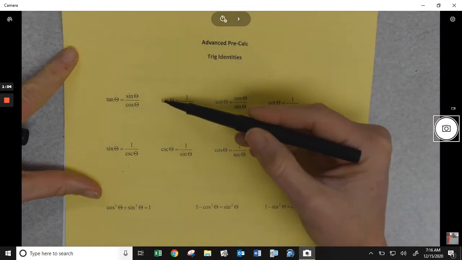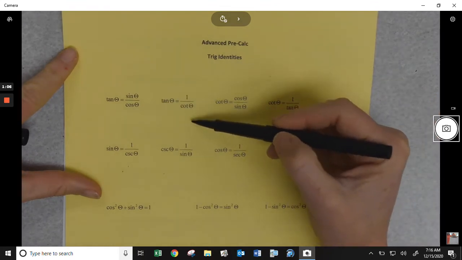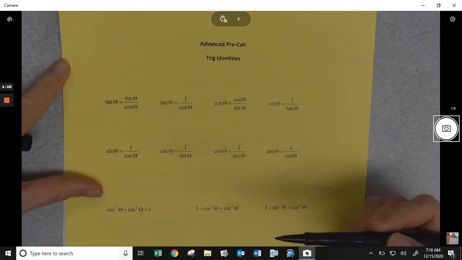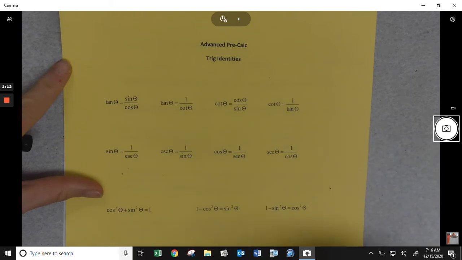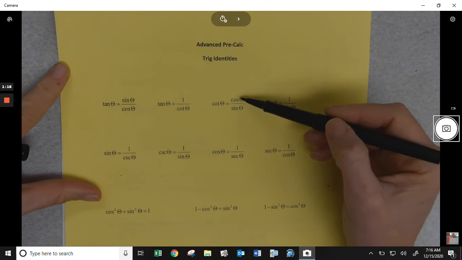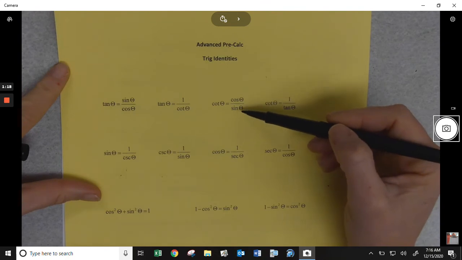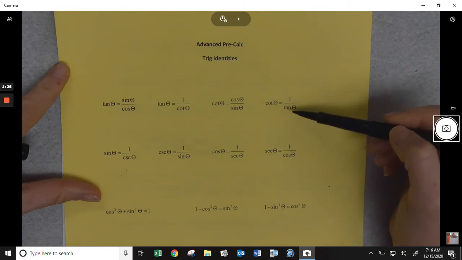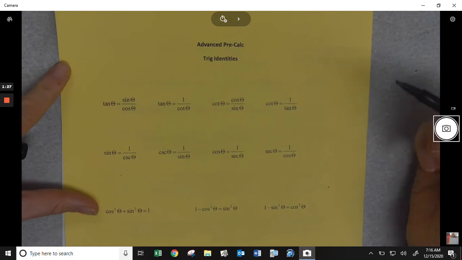So you could say that tangent is the reciprocal of cotangent, and we signify reciprocal as 1 over the value. We learned that cotangent was x over y, otherwise known as cosine over sine. And again, cotangent could also be referred to as the reciprocal of tangent.